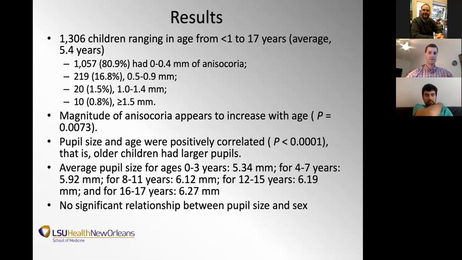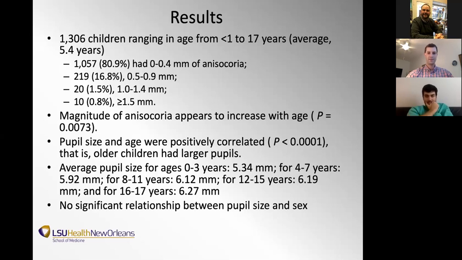And the magnitude of anisocoria appeared to increase with age, and pupil size and age were positively correlated, meaning that older children had larger pupils, not terribly surprising. But the average pupil sizes grew considerably fast between about the age of 1 to 10, and then it slowed down after that.